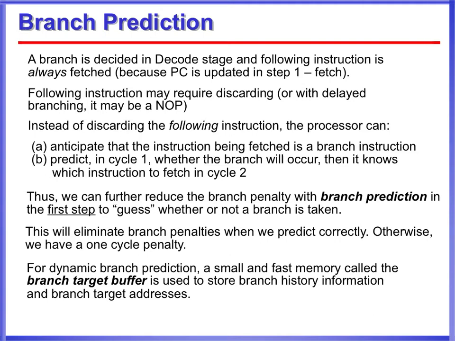And now we have no branch penalty at all, because you're doing everything in step one of the branch instruction. You're anticipating that it is a branch instruction, and you're predicting whether it's going to happen or not.